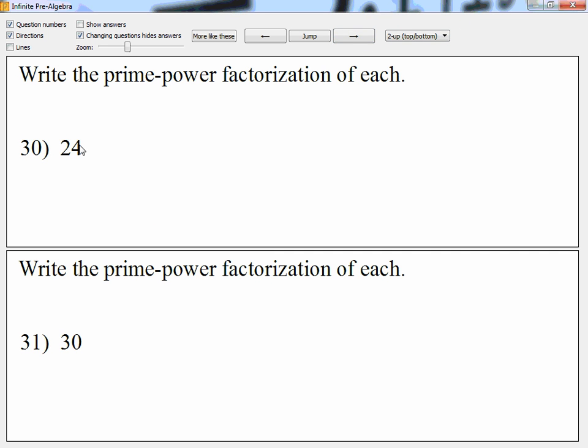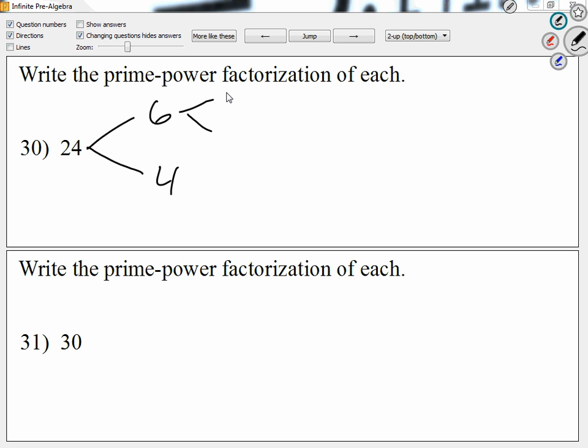Let's take a look at number 30, which says 24. Give me any two numbers that multiply to 24. 6 and 4, okay. The 6, we can break up into what? 2 and 3. What about the 4? 2 and 2.